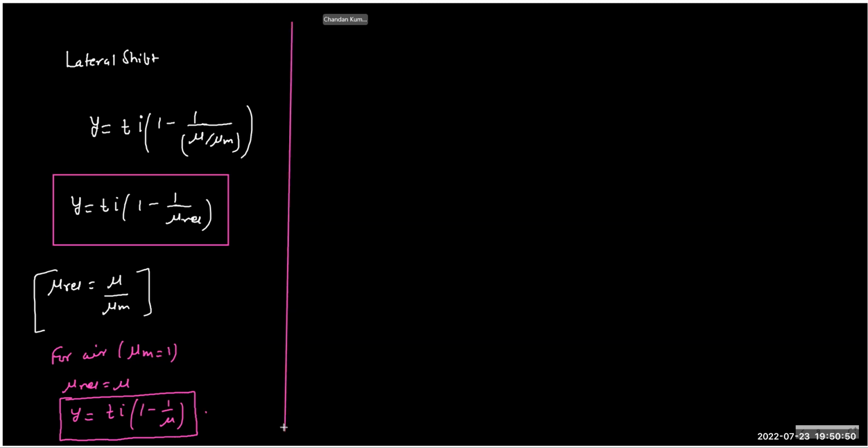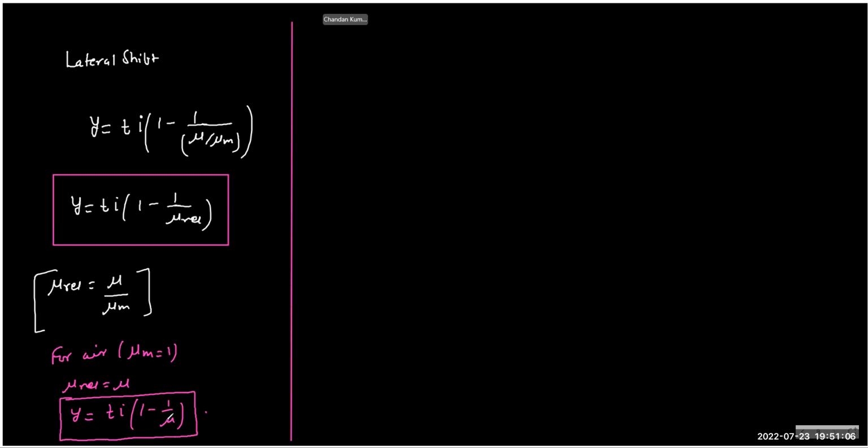So now the lateral shift we got, and we can clearly see it depends on three things: t, i, mu, correct? If t will increase, y will increase. If i will increase, y will increase.